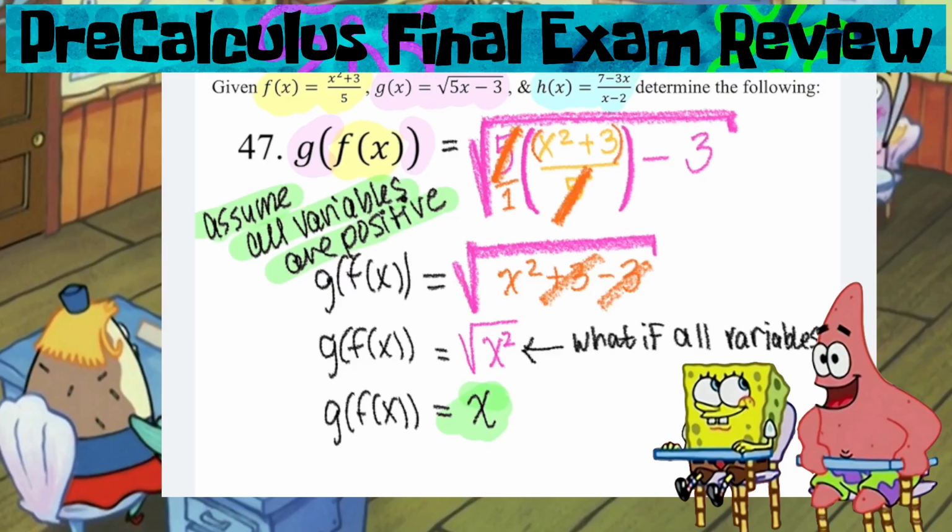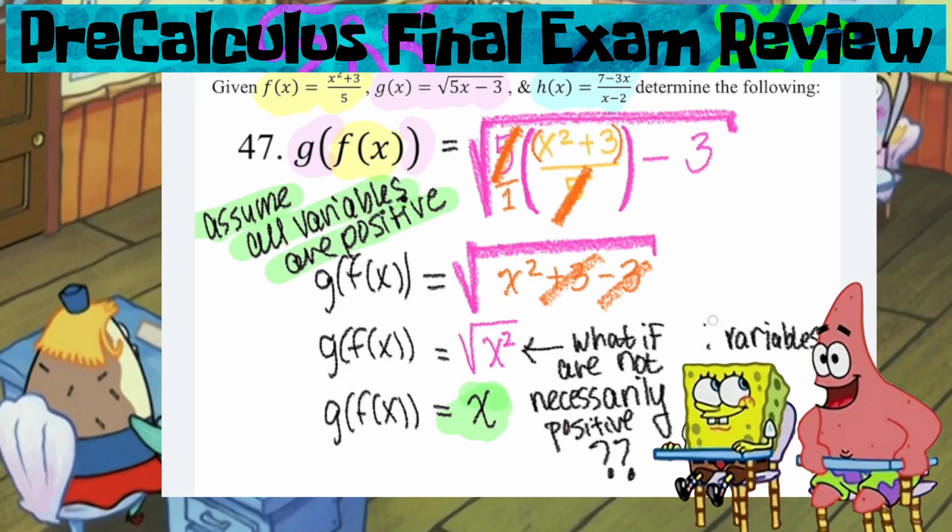What if all variables are not necessarily positive? What happens?